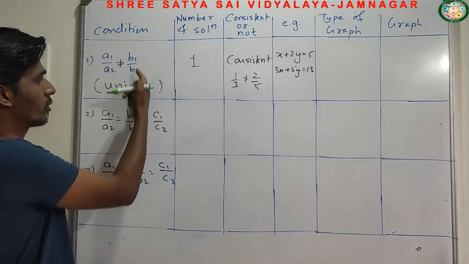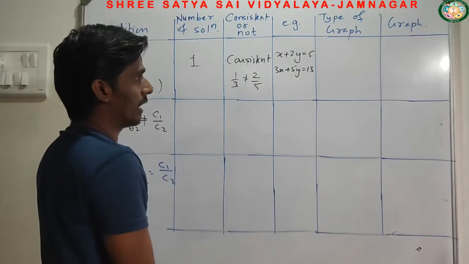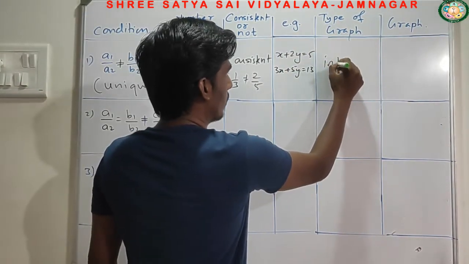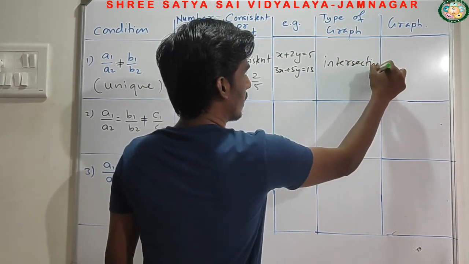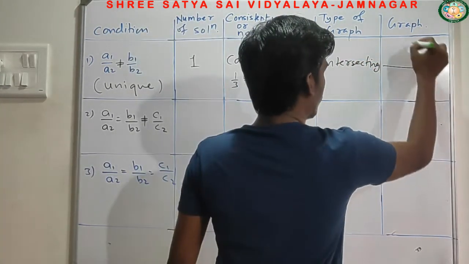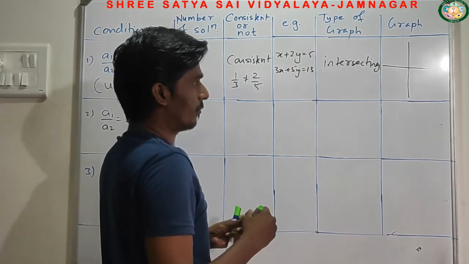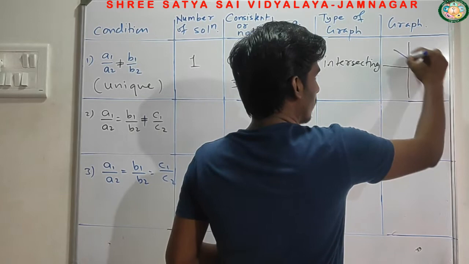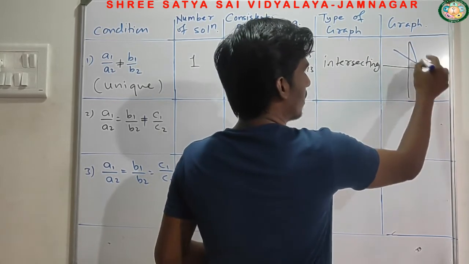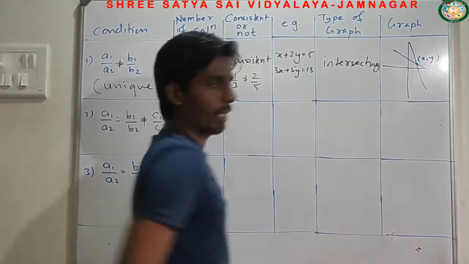A1 upon A2 is not equal to B1 upon B2. Type of graph, it's what? Intersecting. If I draw a rough diagram for this one, it will be somewhat like this. This point is what? x and y.